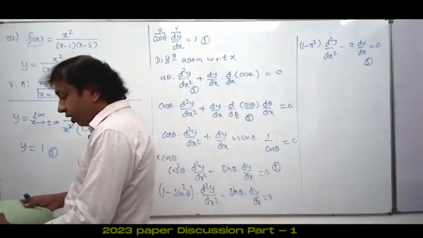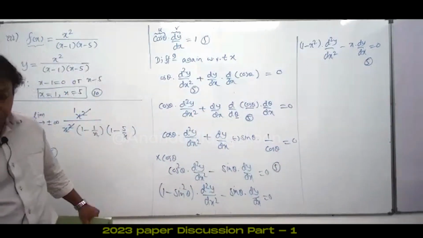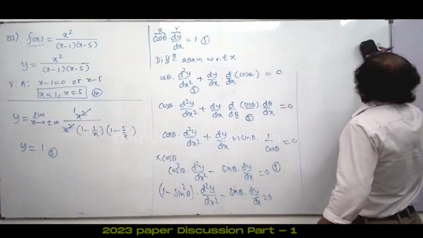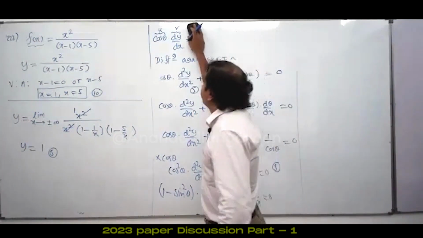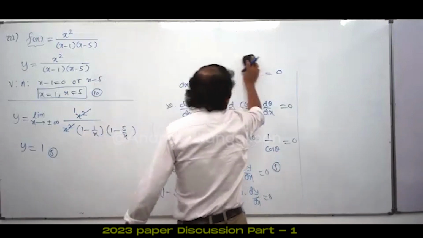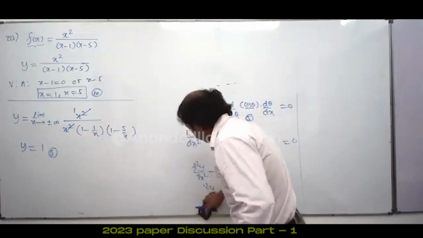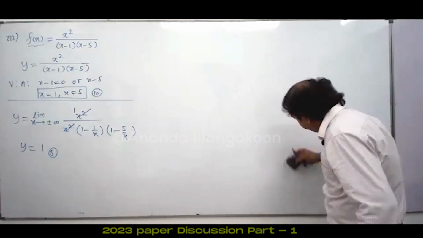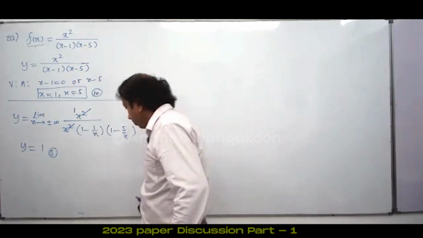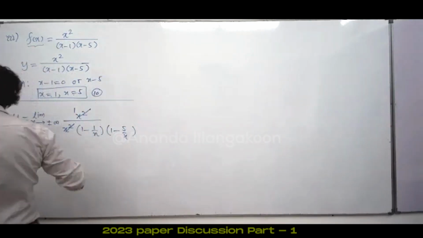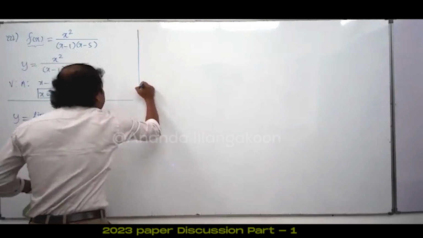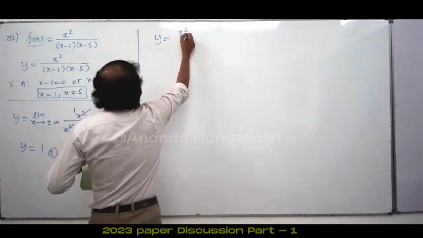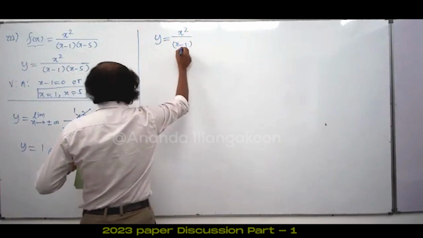Next one, to find the stationary points, you have to differentiate this now. y equals x squared upon (x minus 1) into (x minus 5).